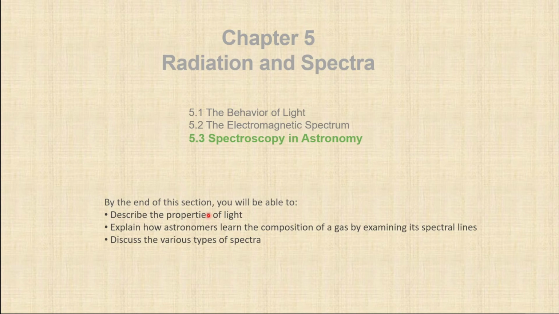Here we'll describe the properties of light and measuring that property of the light, how we can tell the composition of the stars, what elements are present in those stars, which can be told by looking at the spectral lines or analyzing the light coming out of those stars. And we'll start with the sun.